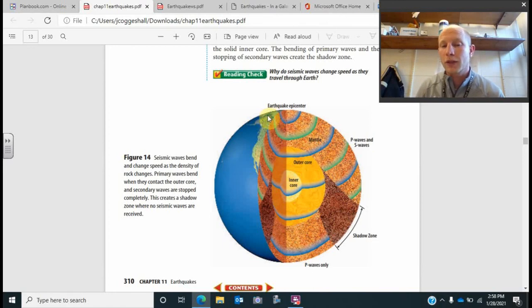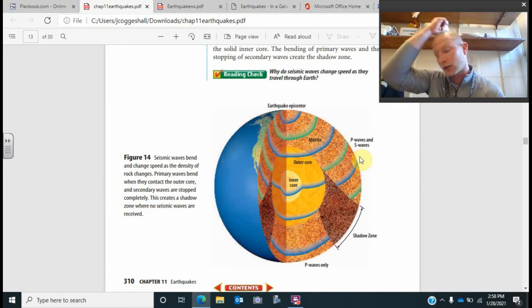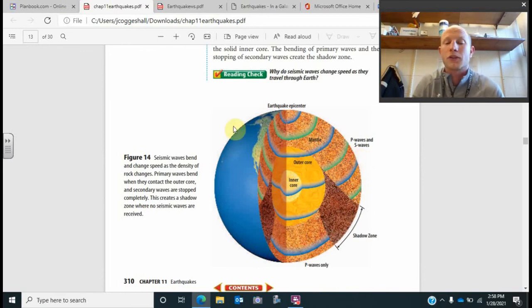We have seismographs all over Earth, hundreds or maybe even thousands, or tens of thousands of seismographs all over the surface of the Earth. They're listening, and they all know when the same earthquake goes off. Then they start doing their calculations: when did station A receive the wave? When did station B receive the wave? Obviously a station right here will know that this earthquake happened long before anybody over here.